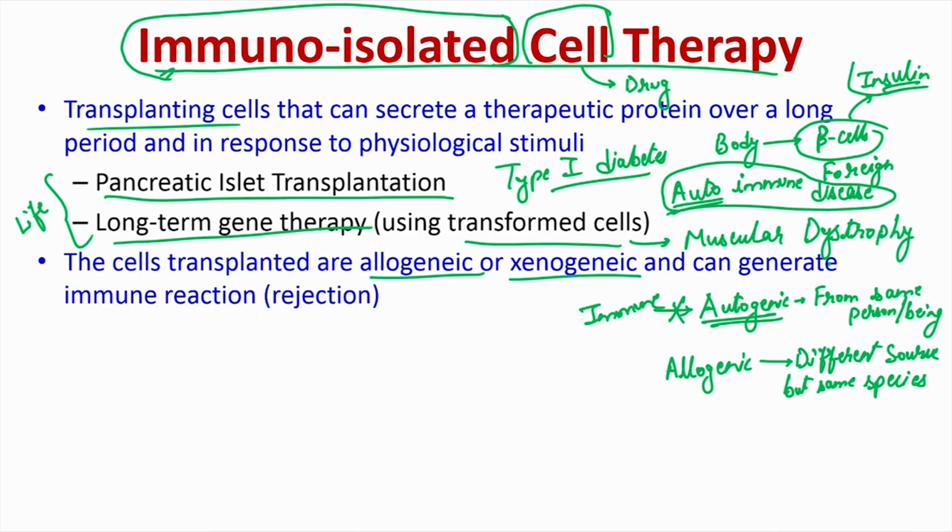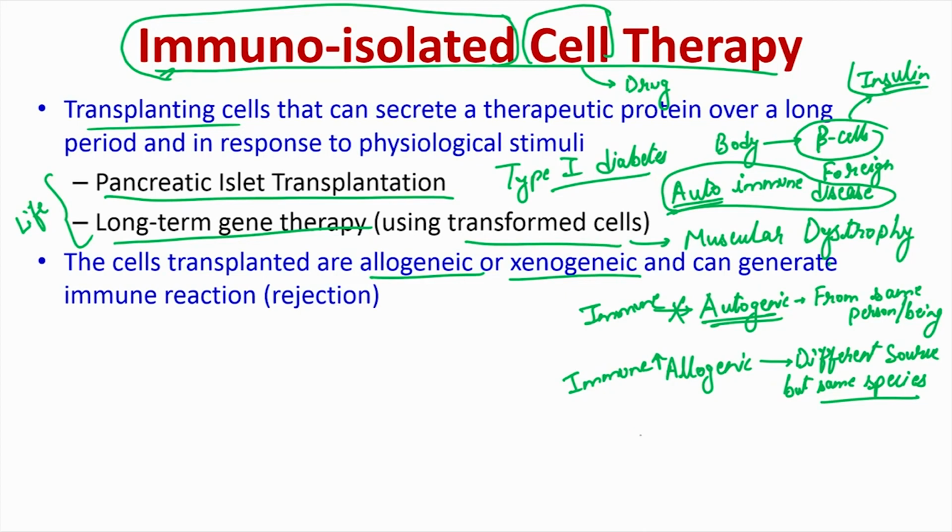Maybe one horse gets cells from another horse, or any other species for that matter, as long as it is between the same species, it is called allogenic. Even though it is the same species, so it is almost 99% the same, there is still a little bit of difference between each of us, that is why we are all different, and the immune system will act on it. So, the immune system will go up and start to reject this.